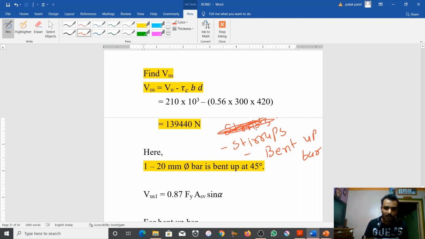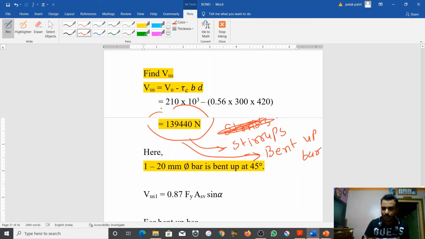Okay, here we have one bent up bar, but this 139,440 shear force is resisted by stirrups and bent up.